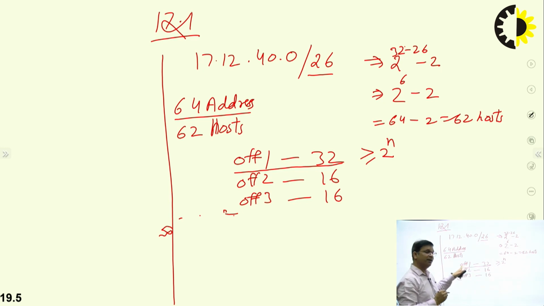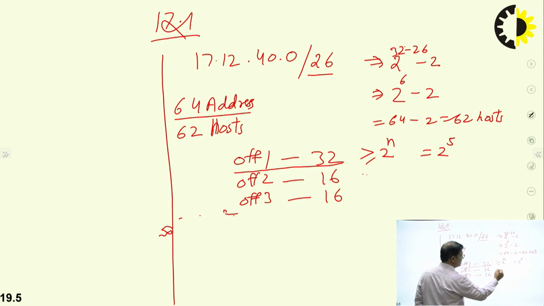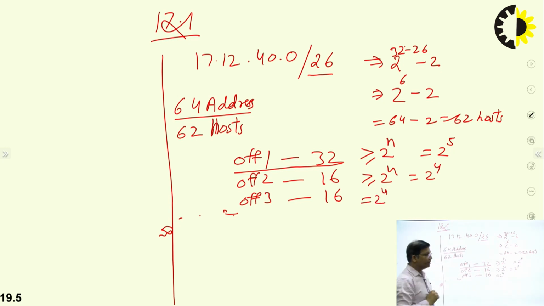If this were hosts, then we should subtract 2. So 32 becomes 2 to the power 5, and for 16 it is 2 to the power 4. In the same scenario, 2 to the power 4.